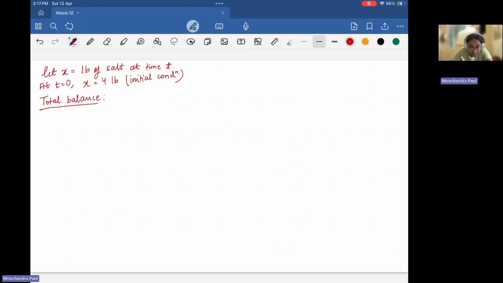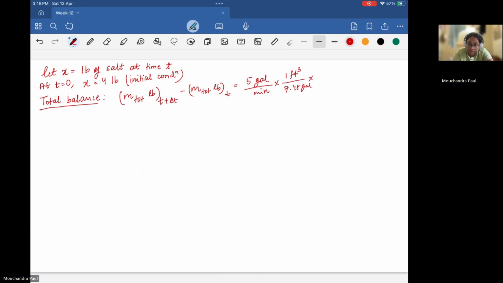The accumulation term will be M total, the mass in pounds at T plus delta T time, minus the total mass in pounds at time T. It will be equal to the inlet. So 5 gallon of water is going in per minute. Let's convert gallon to feet cube. 1 feet cube is 7.48 gallon.